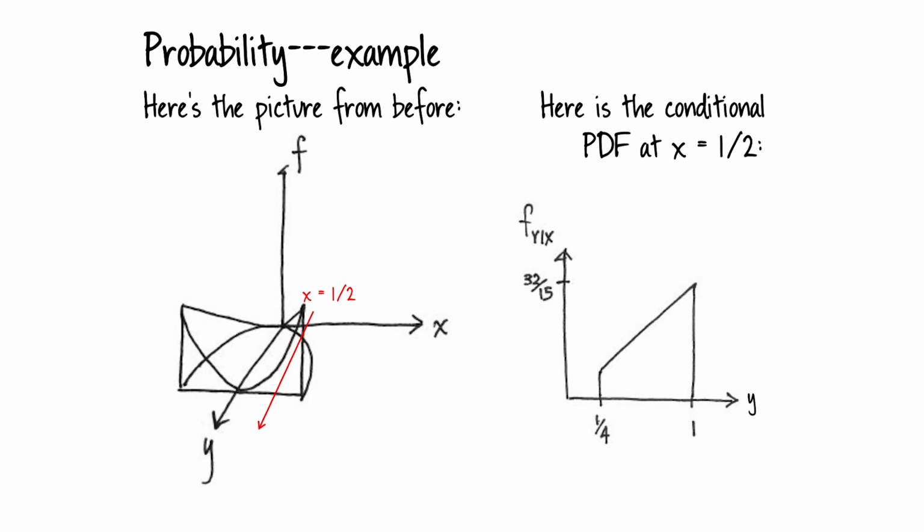So here's the picture from before. Remember I said what we were going to do is take a slice of this joint PDF and then just blow it up so that it was a legitimate PDF. And this is precisely what it looks like when we do the calculation, okay?